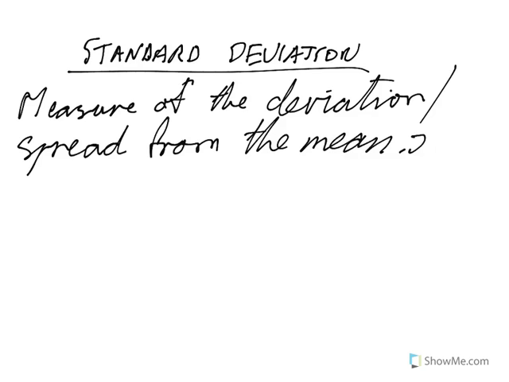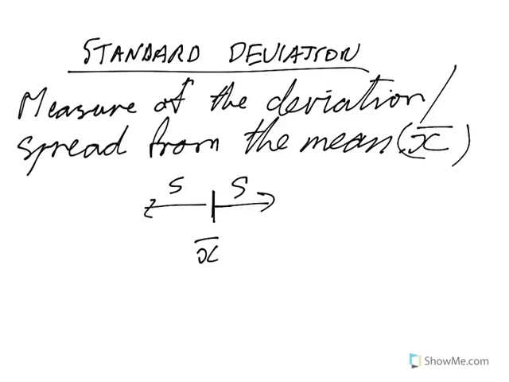Alright, X bar. So if we've got our mean in the middle here, X bar, then our standard deviation, S is the symbol, is how spread out it is from the mean there.